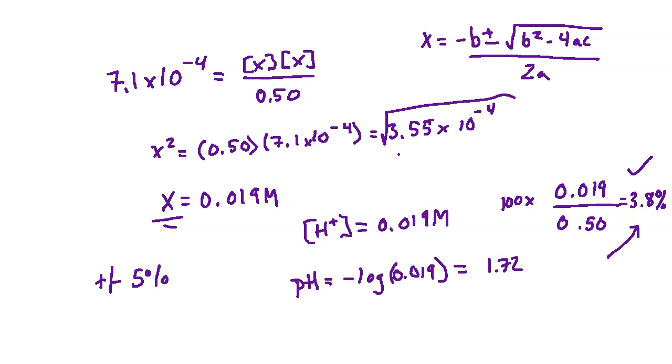And what we're looking at is the H plus at equilibrium over the initial concentration of HA. Now, in this case, it was HF, but we're saying HA for a generic acid. This formula is the percent ionization.